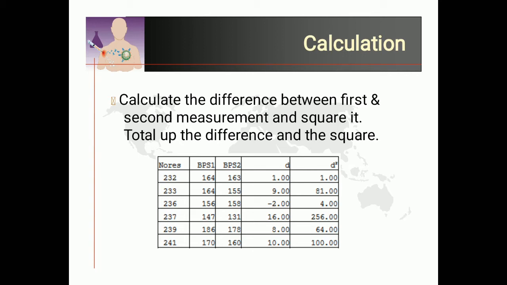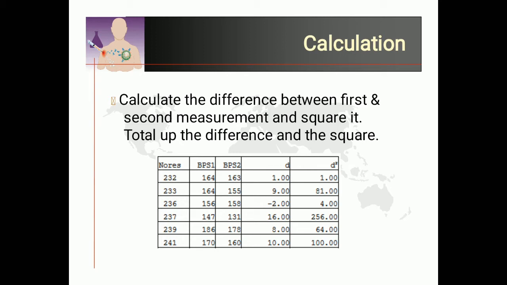BPS1 is 164, 164, 156, 147, 186, 170. BPS2 is 163, 155, 158, 131, 178 and 160.